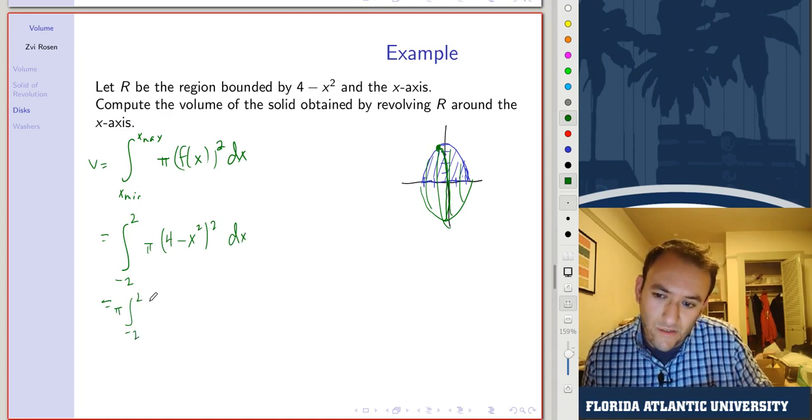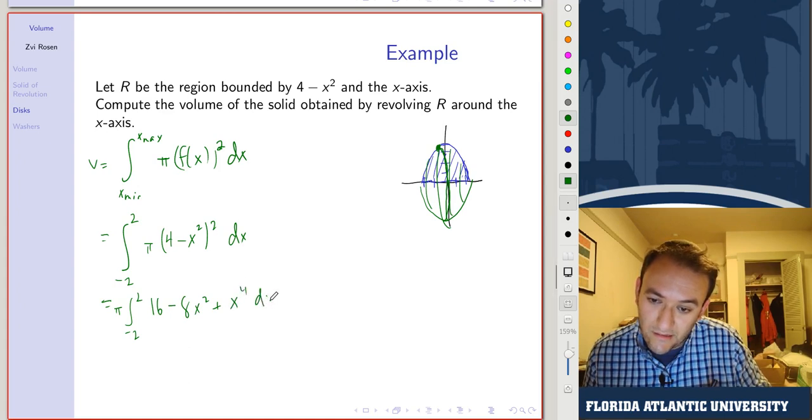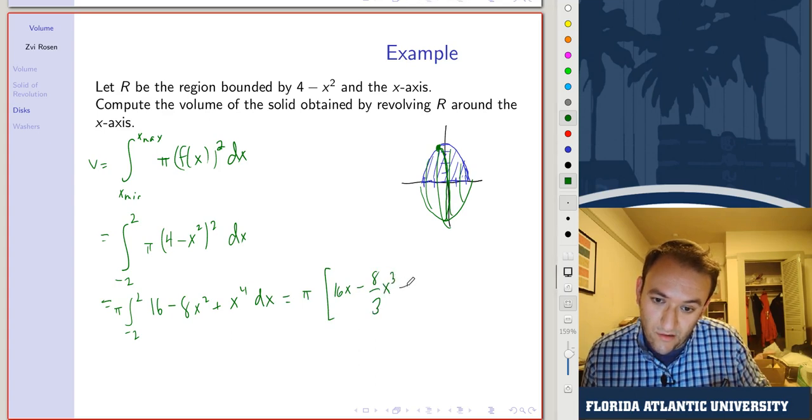(4 minus x squared)^2, we'll FOIL that out, and we'll get 16 minus 8x squared plus x to the 4th dx, which gives us pi times (16x minus 8/3 x cubed plus x to the 5th over 5), evaluated from -2 to 2.